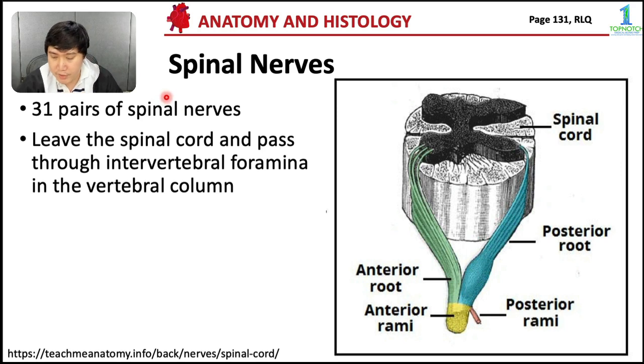So again, you have 31 pairs of spinal nerves, and these nerves leave the spinal cord and pass through the IV foramina of the vertebral column. You have the anterior root and a posterior root, and they form the spinal nerve. This spinal nerve will divide into an anterior ramus and a posterior ramus.